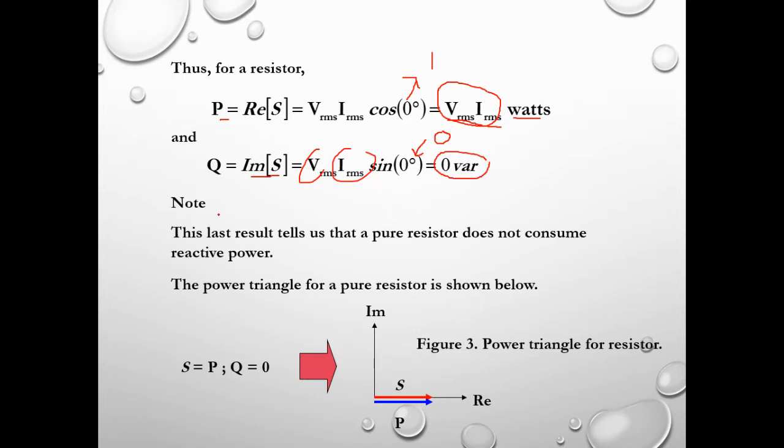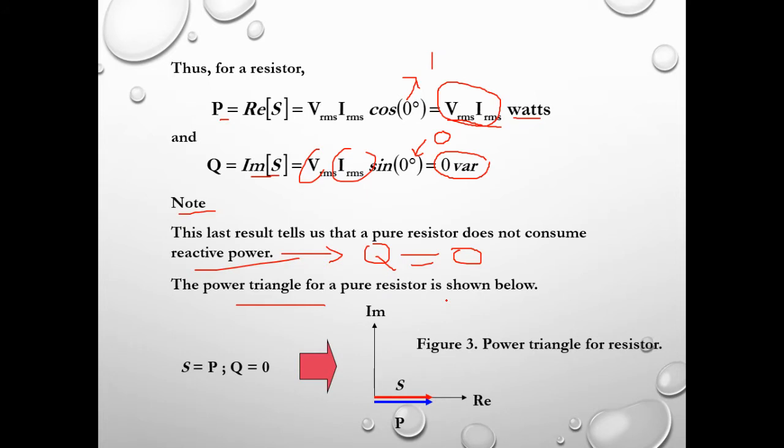Note some additional notes. This last result tells us that a pure resistor does not consume reactive power because Q is 0. And then the power triangle for a pure resistor is shown below.